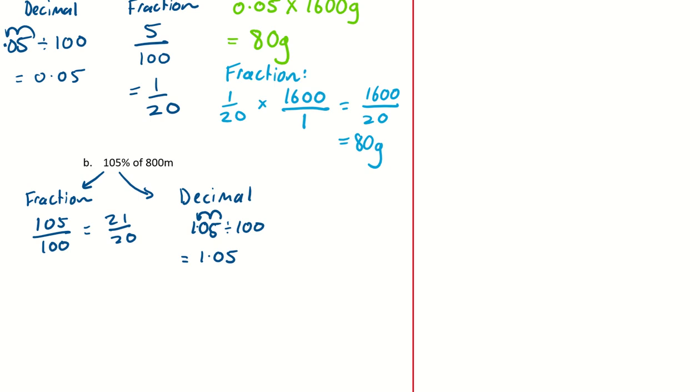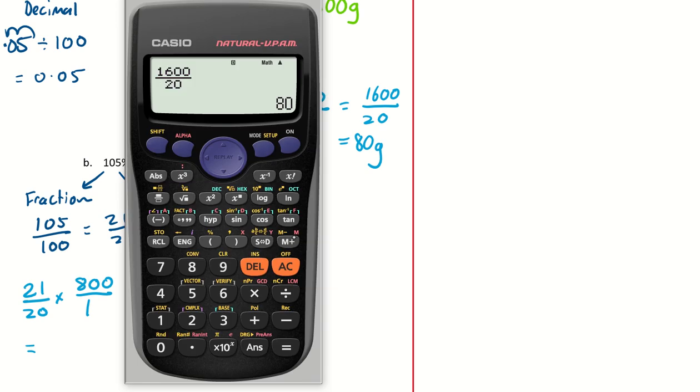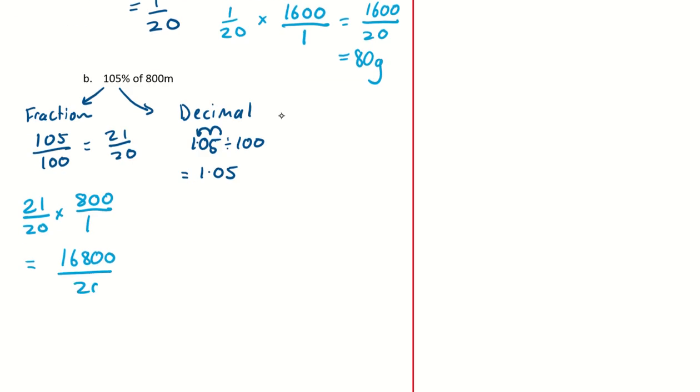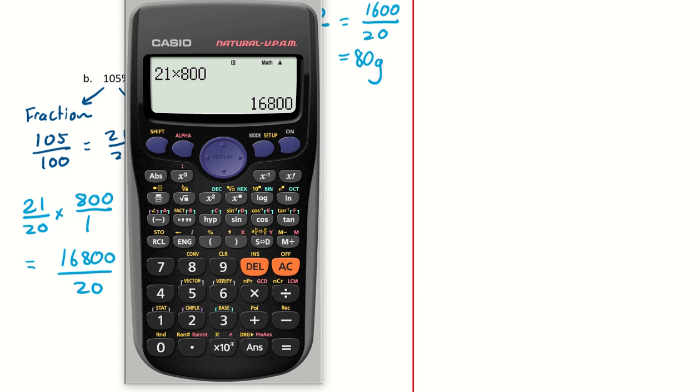So the very first one, let's do fraction. So I'll go 21 over 20 times 800. And this is individual units of 1 meter. Okay. So I can get my calculator out. I will do 21 times 800 gives 16,800. And 20 times 1 is 20. Okay, I'll put that in my calculator again, and that will simplify.